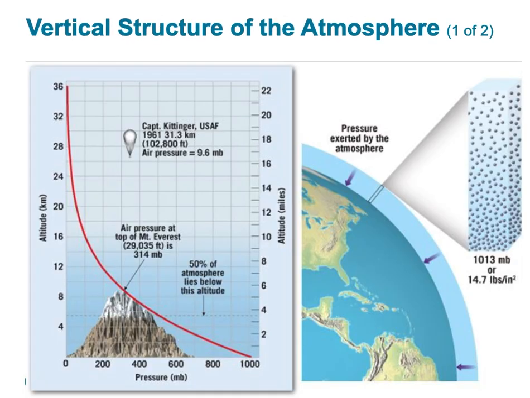Now let's look at the vertical structure of the atmosphere, and let's first take a look at this graph here. On the x-axis we have the pressure represented in millibars, and at the surface we can see there is a higher pressure at 1,000 millibars.